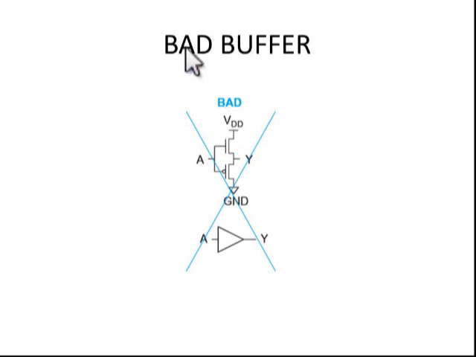So that's why this is called a bad buffer. When A is 1, output is also 1. When A is 0, output is also 0. But these 1s and 0s are degraded outputs. So we are not interested in the degraded outputs. Then how to connect the PMOS and NMOS? So we will see.